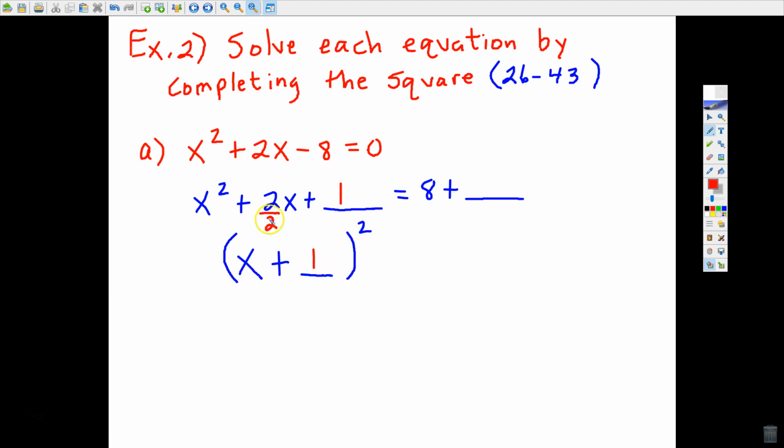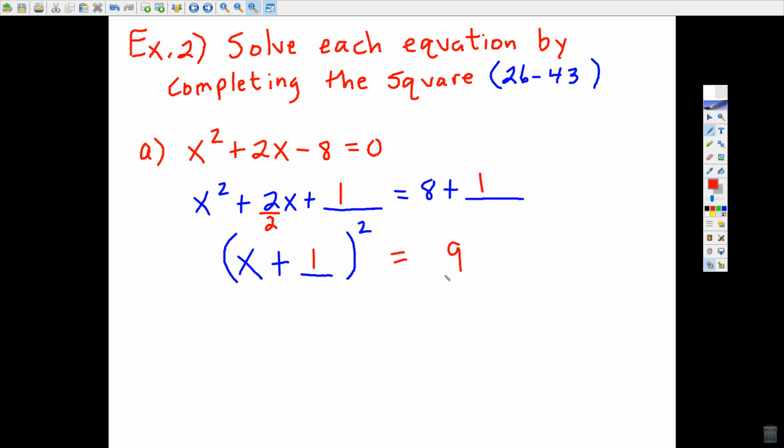So the process is, to get this number in the parentheses, you just divide the linear coefficient by 2. Always divide by 2. Okay? To get the number that completes the square, you take the number in parentheses and raise it to the second power. And that tells you also that since you added 1 to the left side of this equation, you must also add 1 to the right to make the equation balance.